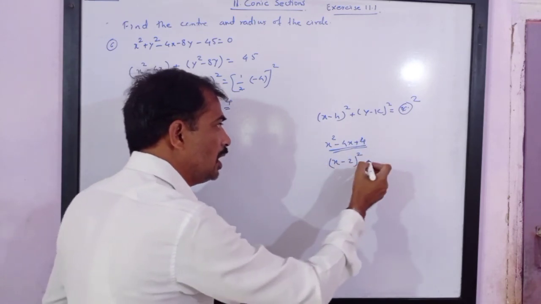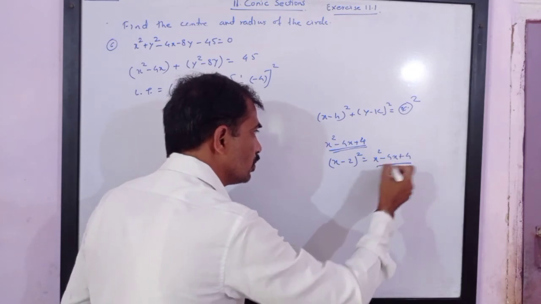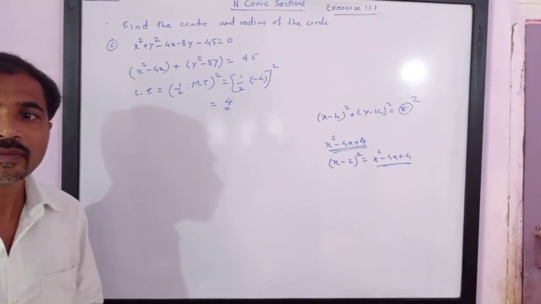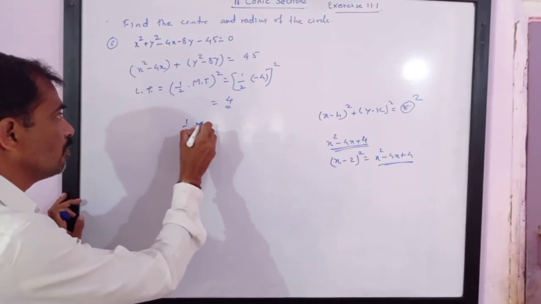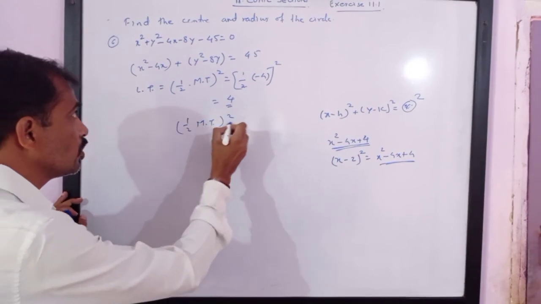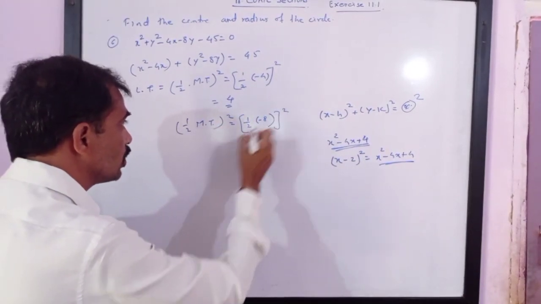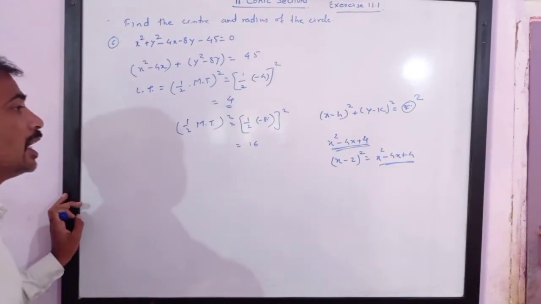So this will be x² − 4x + 4. Then the last term of the next bracket will be half the coefficient of the middle term, squared. So that is half of −8, squared, so that is equal to (−4)², which is 16. Add 16 to this, you will get a perfect square.